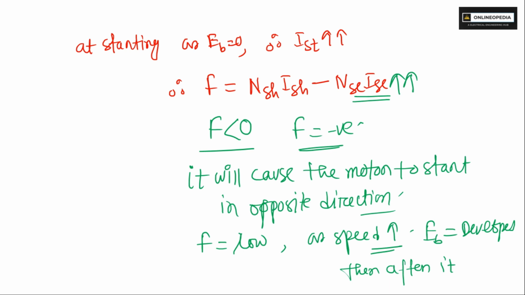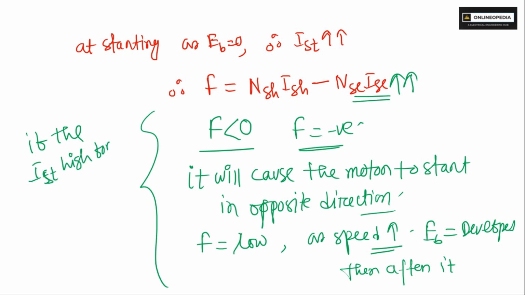But the problem is, if the starting current is high for a long period, then it is not good for your armature. If the armature current at starting time is very high, it will increase the temperature and harm your armature.